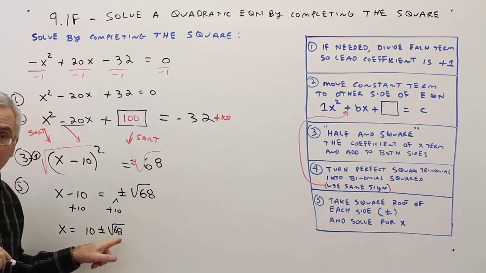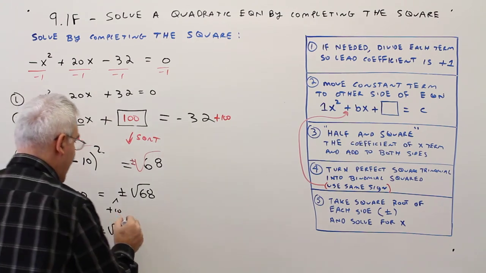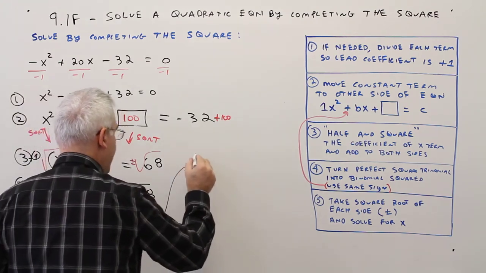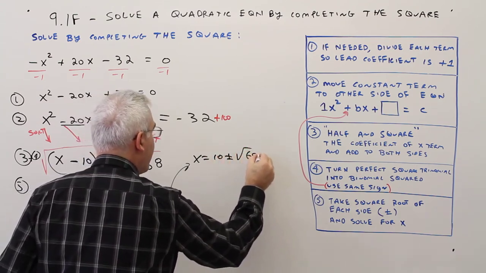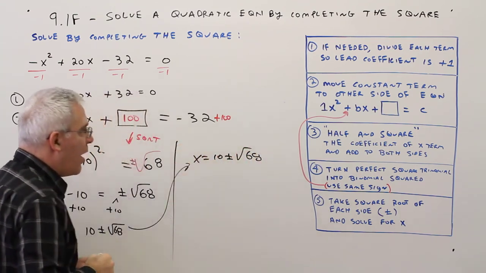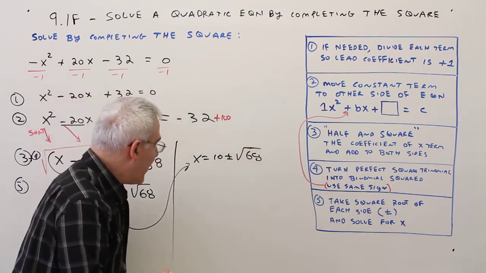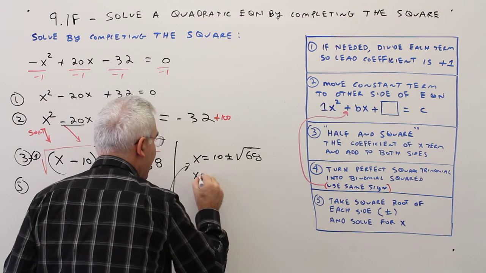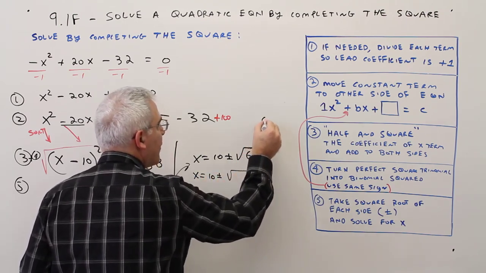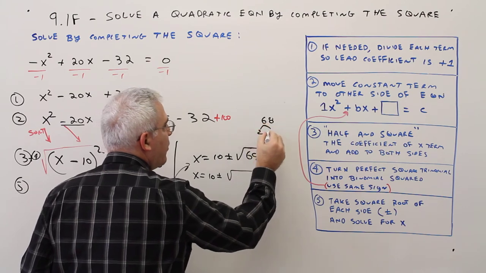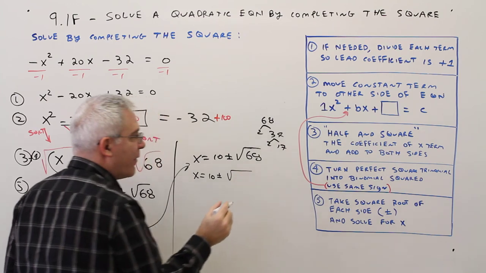And we always want to simplify our radicals. So I've got x equals 10 plus or minus the square root of 68. 68, I believe I could factor as follows. 2 times 34. 34 is 2 times 17.